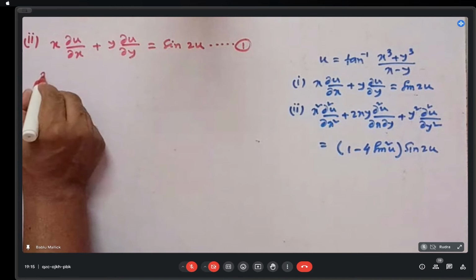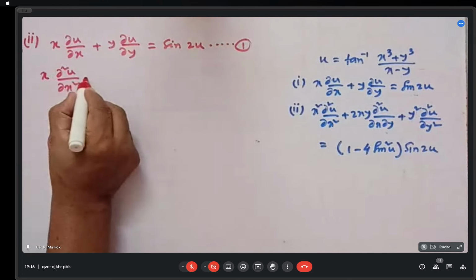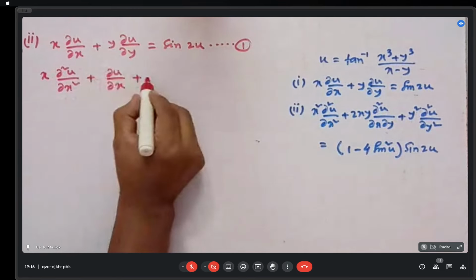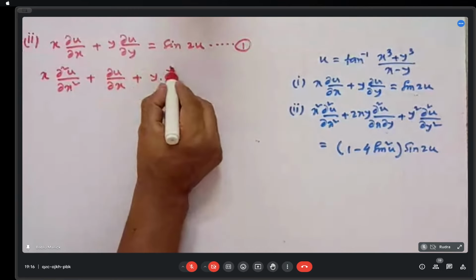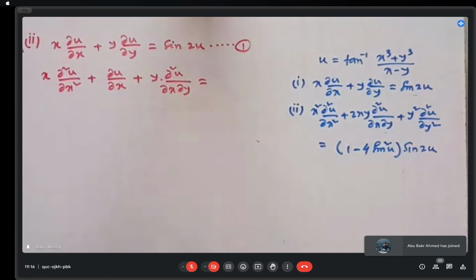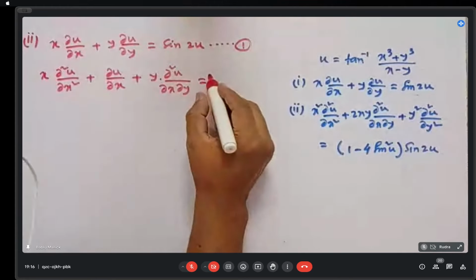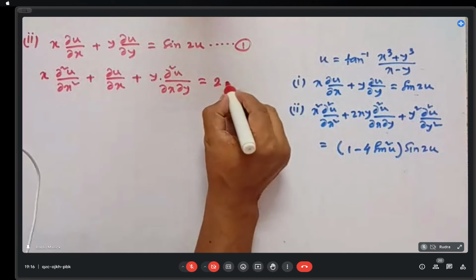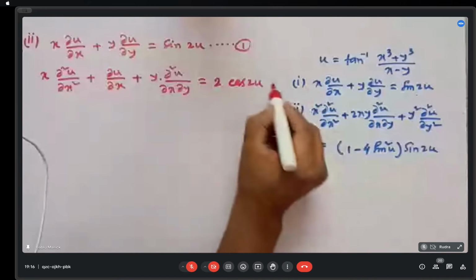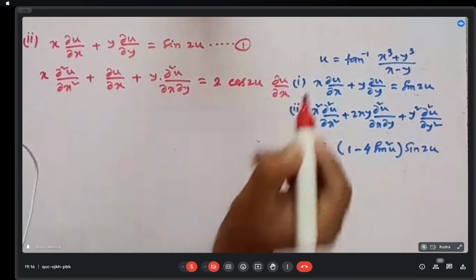This is x into del 2u del x2 plus del u by del x plus y into del 2u del x del y is equal to the derivative of sine 2u, which is 2 cos 2u into del u del x.